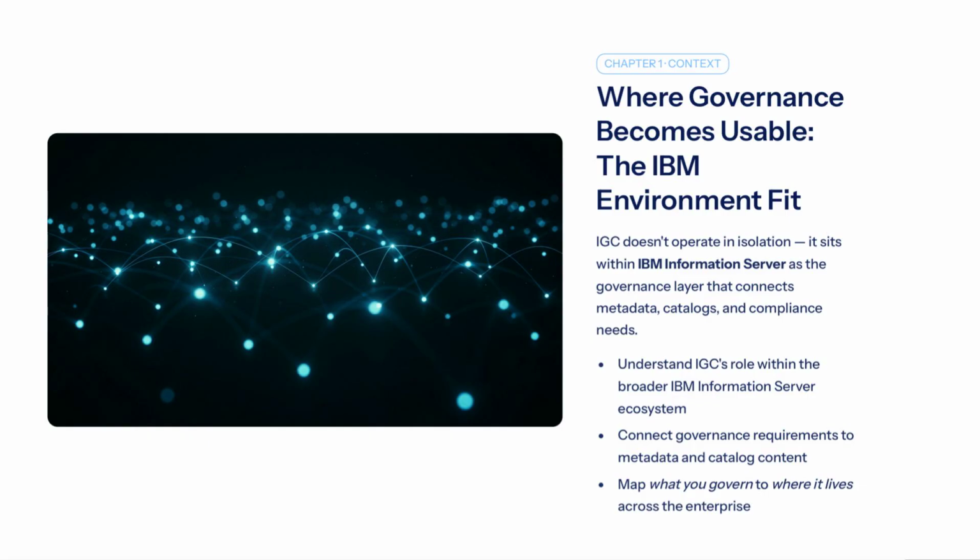This means that the IGC plays a crucial role in understanding its place within the broader IBM Information Server ecosystem. By connecting governance requirements to metadata and catalog content, the IGC helps map what is governed to where it lives across the enterprise. This enables organizations to effectively manage their information assets and ensure compliance with regulatory requirements.